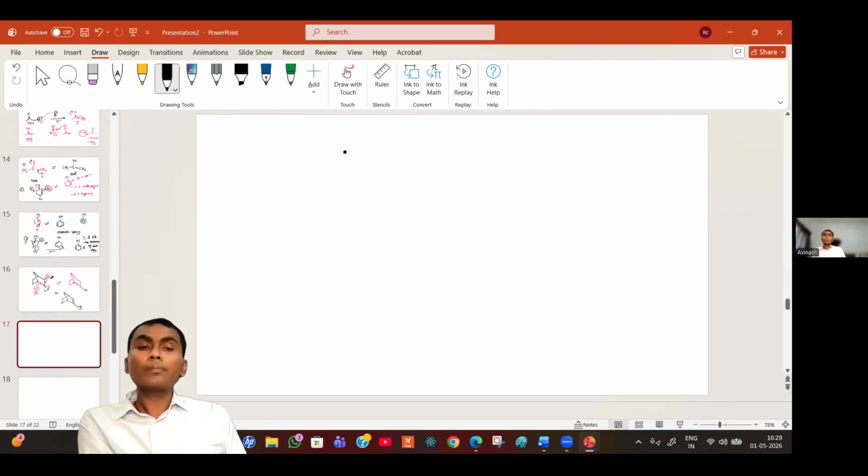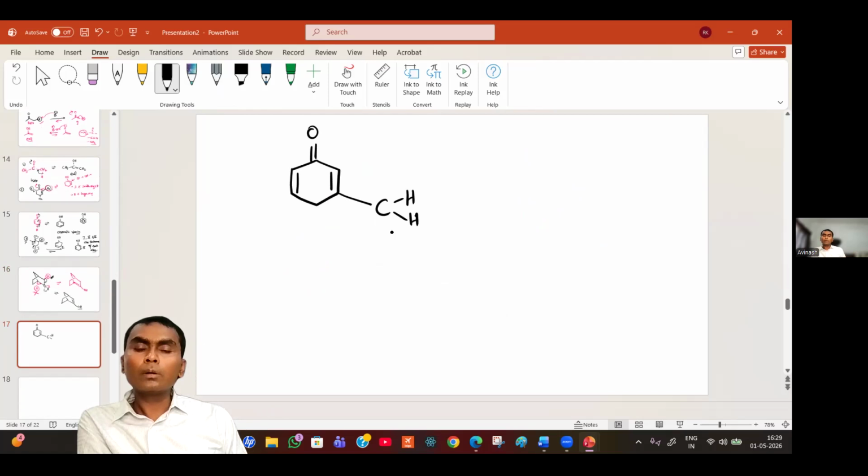Another example is like this. This hydrogen also takes part in tautomerization this way.